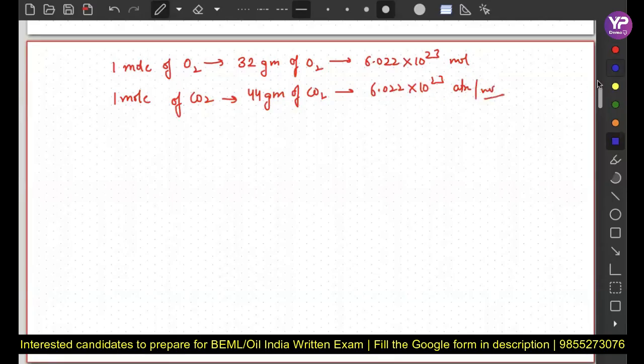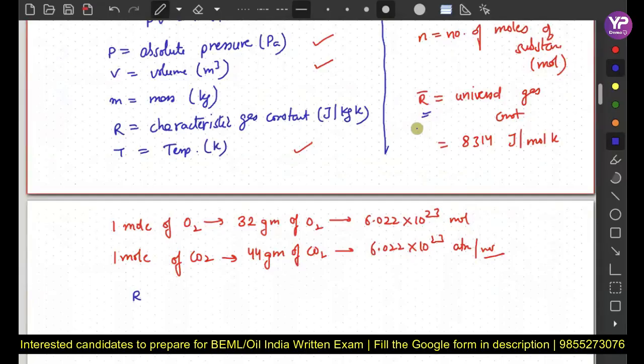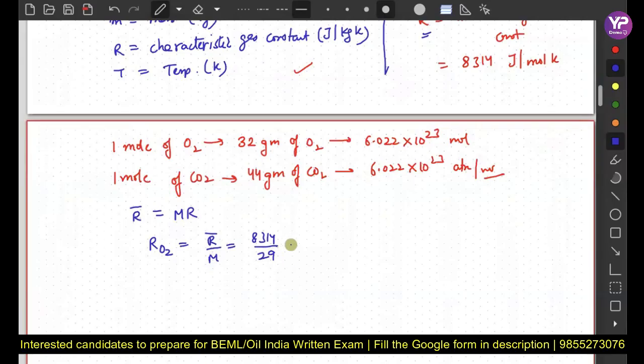Now, what is the relationship between the characteristic gas constant and the universal gas constant? Remember, the universal gas constant has a constant value for all the gases, but the characteristic gas constant has different values. So the universal gas constant is equal to the molecular weight multiplied by the characteristic gas constant. For example, the value of R for air is equal to R̄ upon M, which is 8314 divided by 29, which comes out to be 287 joule per kg Kelvin.